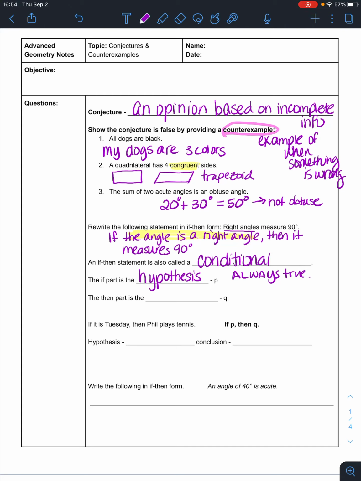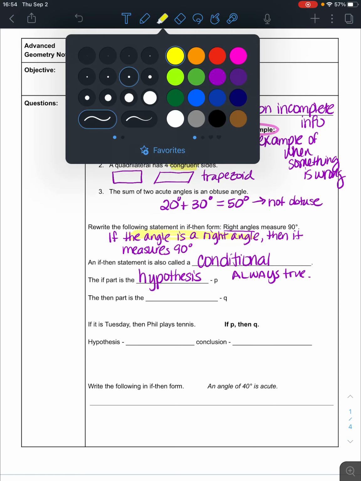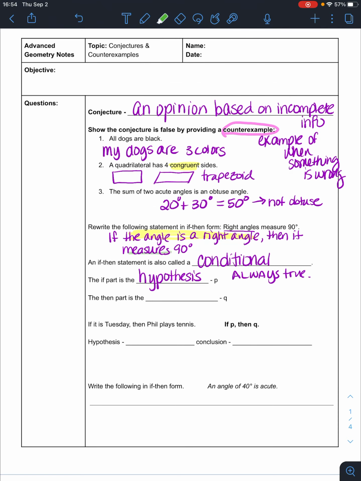Okay, so then the "then" part, this other part, it measures 90 degrees, that is our conclusion. So we use P and Q to talk about these. The hypothesis is P and the conclusion is Q. The conclusion is what we're testing. That's what we want to know. Is this true?